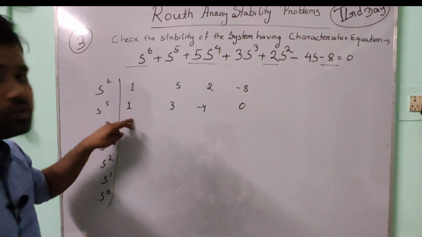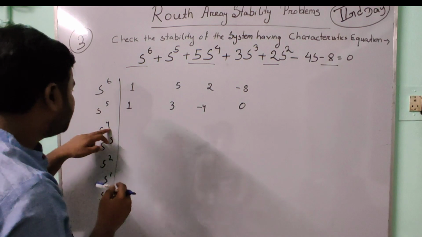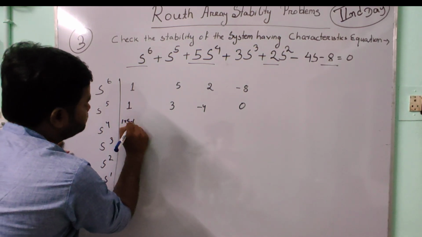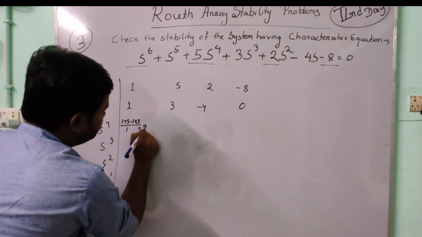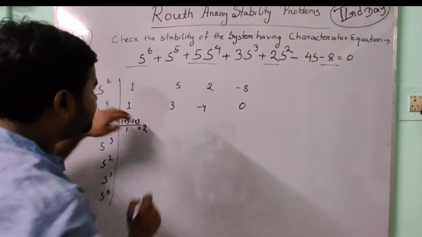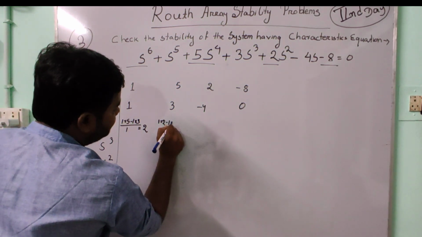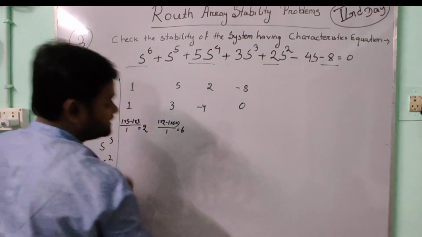The first two rows are clear. Now the third row, s^4: the value will be (1 into 5 minus 1 into 3) divided by 1, which is 2. Similarly, (1 into 2 minus 1 into -4) divided by 1 is 6.